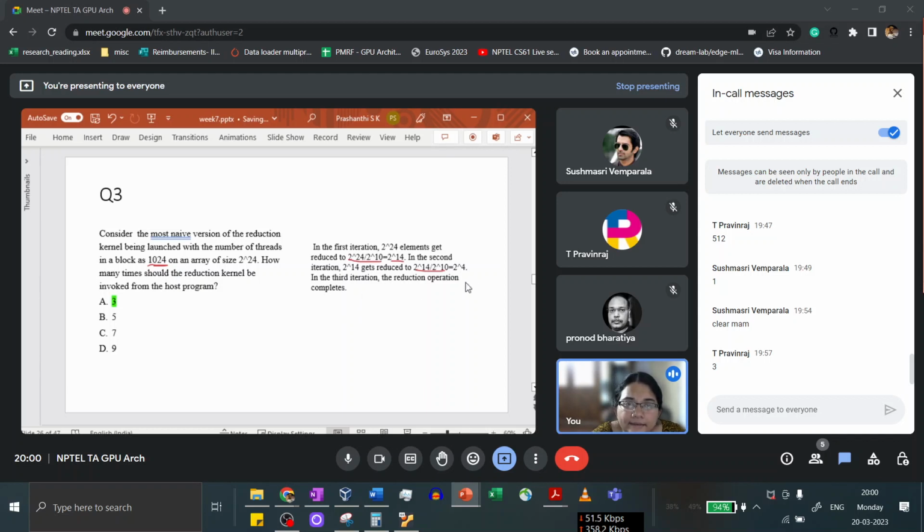And then finally in the third iteration, this 2 power 4 elements also fully reduces to one element. So the reduction completes. So there are three calls to this reduction kernel. That's your option E. Is this clear?